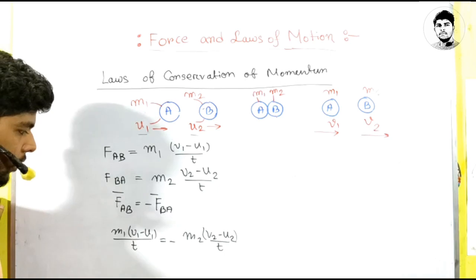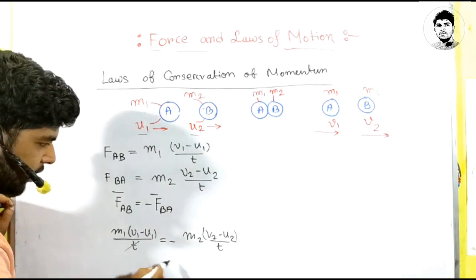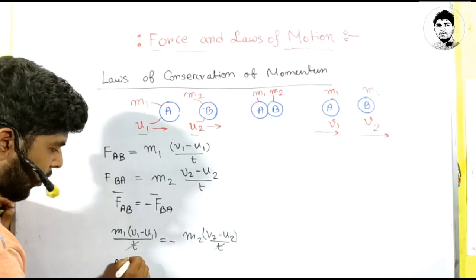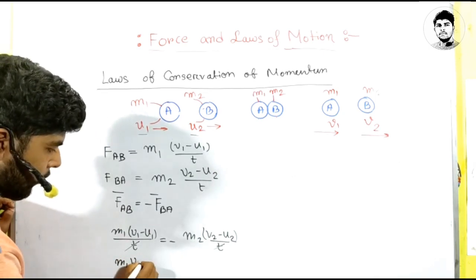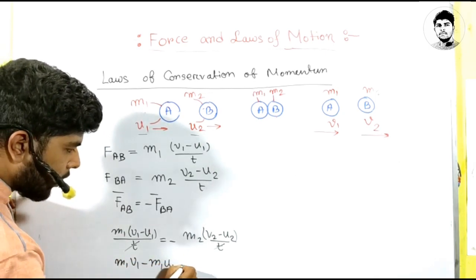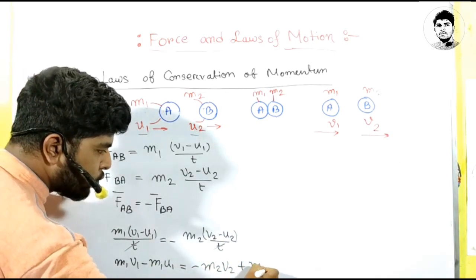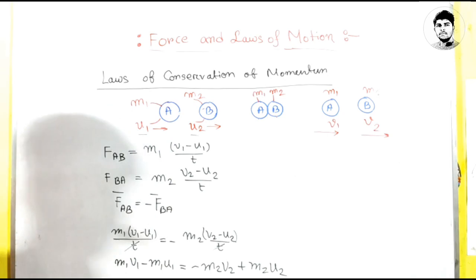Understand? Now you can see the t's cancel out, so we get m1 v1 minus m1 u1 equals minus m2 v2 plus m2 u2.